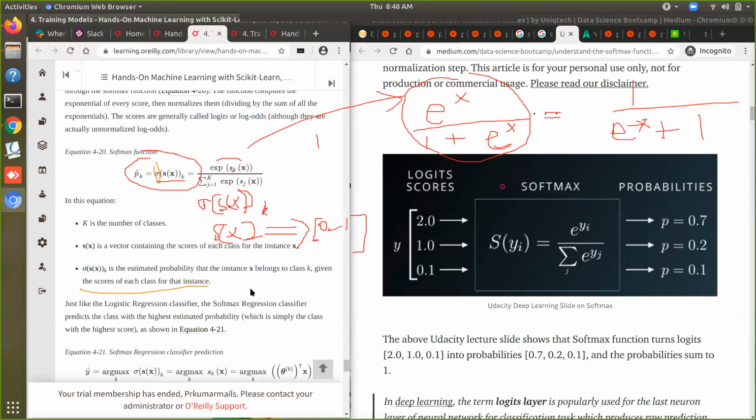Okay, so if we expand equation 4.20 for k equals 2, we are going to get a 1 in the denominator. Yes. Okay, I understand. I'm getting your point. Thanks, Joseph, it clarifies a lot.